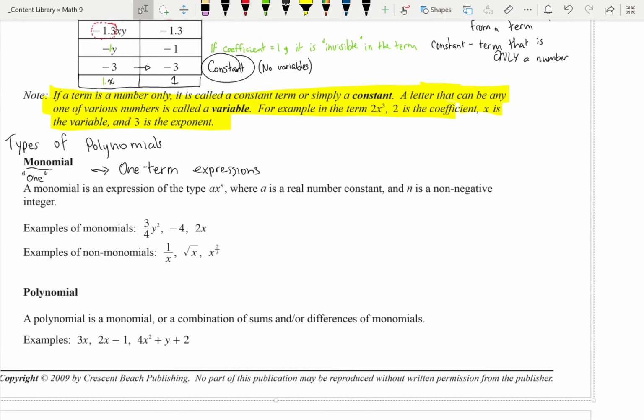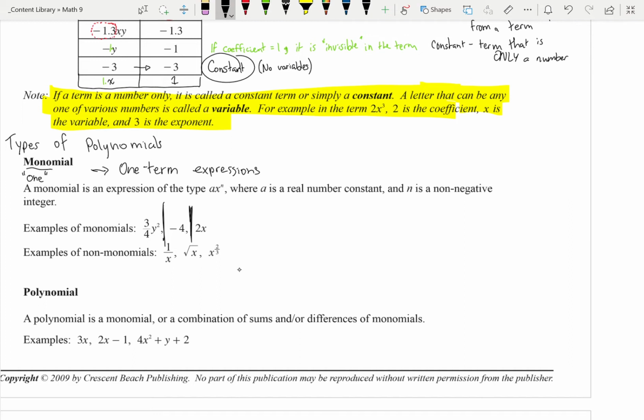So they have a couple of examples. These are all separate. So imagine them with a big divider. So I have 3 over 4 y squared is a monomial, minus 4 or negative 4 is a monomial, and 2x again is a monomial.